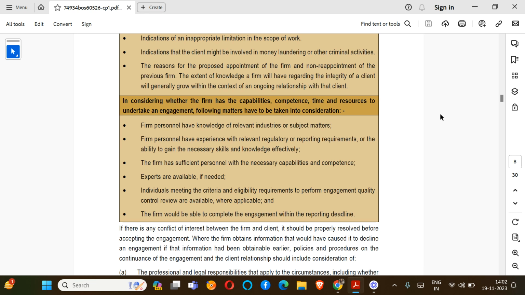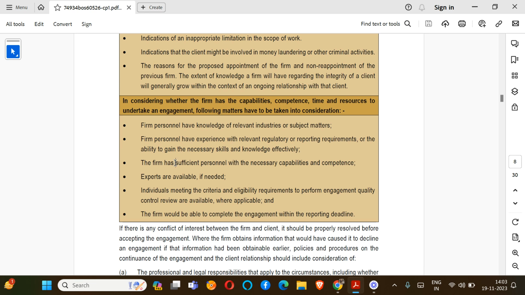They should know that they have the relevant knowledge of the industry, first thing. They also need experience with relevant regulatory or reporting requirements. Your firm should have personnel who are experienced specifically in that industry.